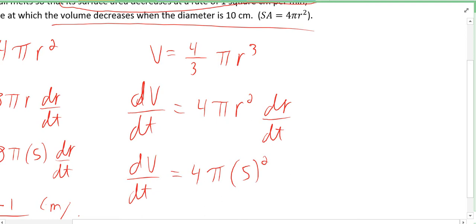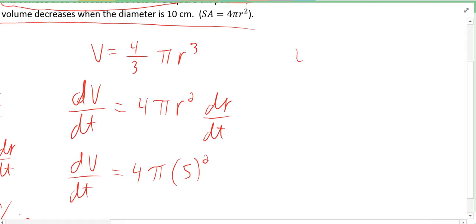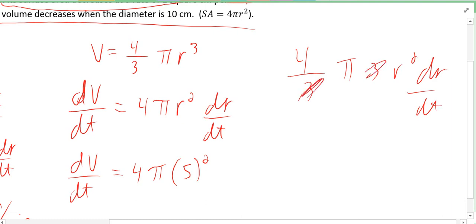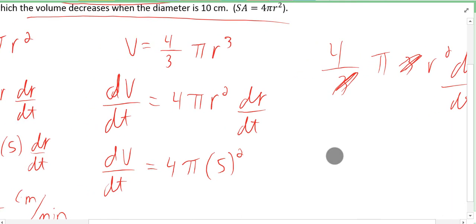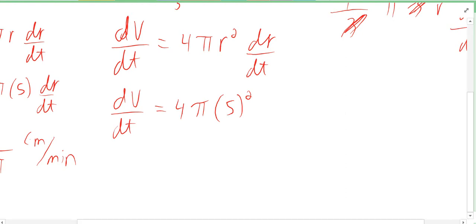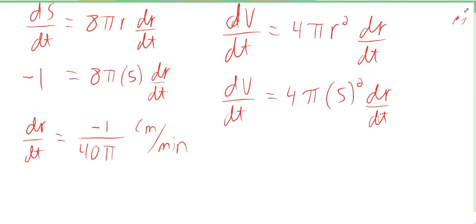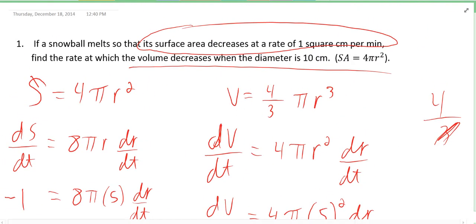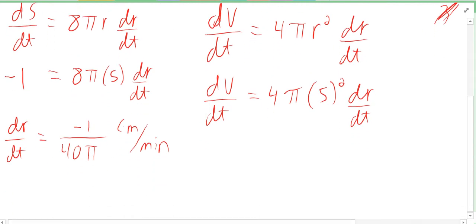If you write it out, it's really 4/3 pi times 3r squared dr dt, and I'm just canceling these 3's out. When did we find out that r was 10? Back when we had to find dr dt, because it says diameter is 10. Right, Joseph? Yes.